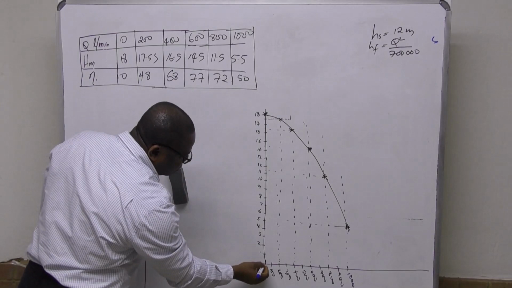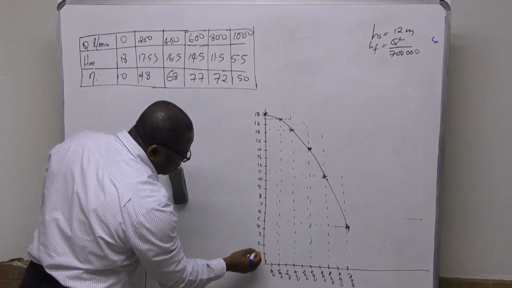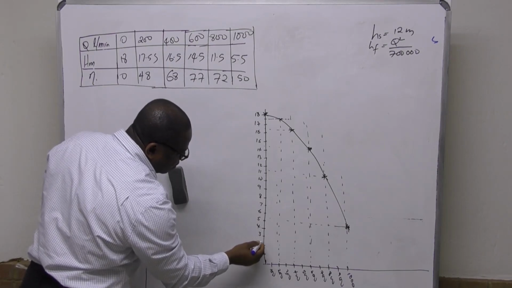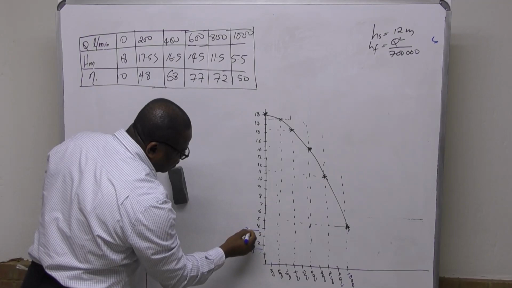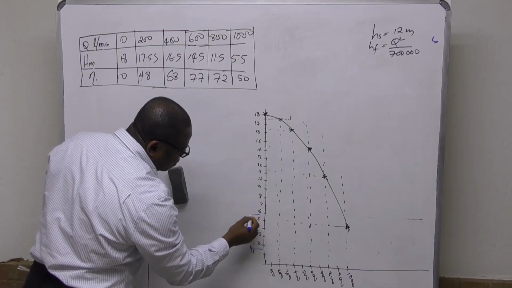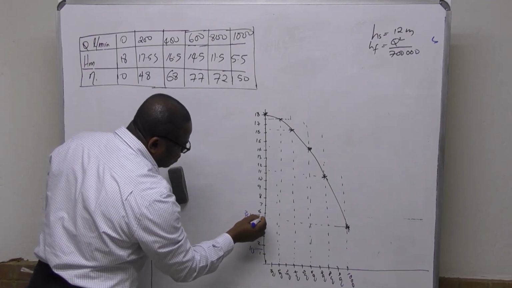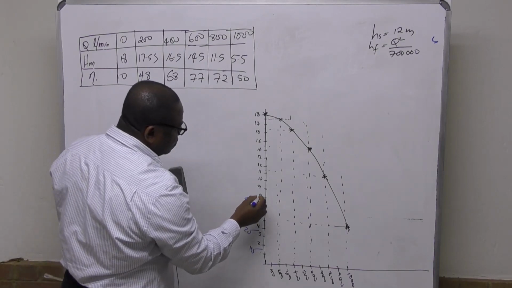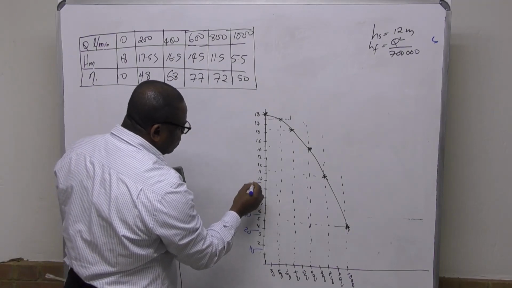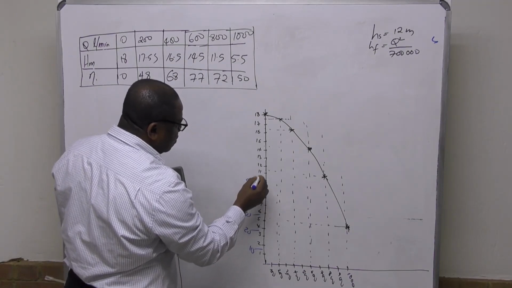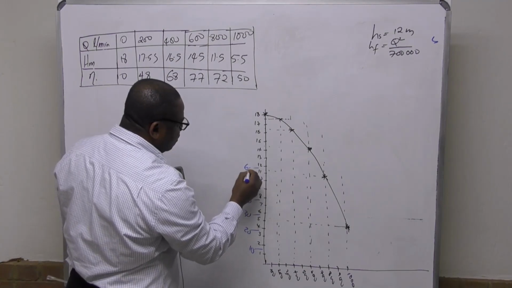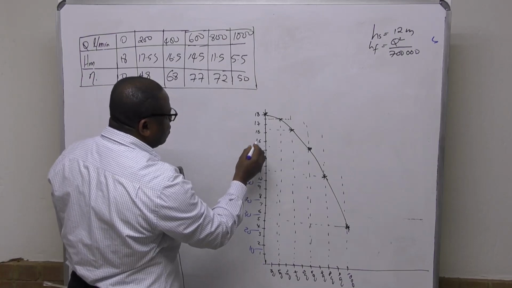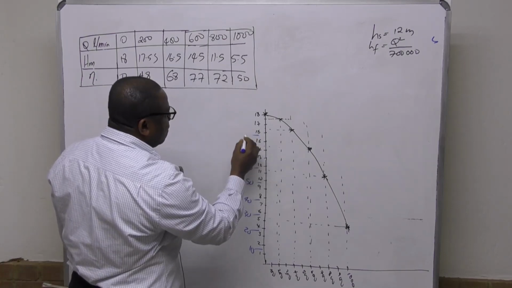So let's say here is 0, here is 10, 20, 30, 40, 50, 60, 70, 80.